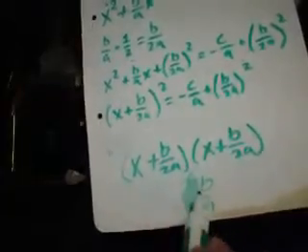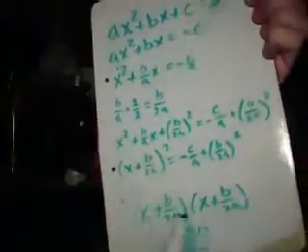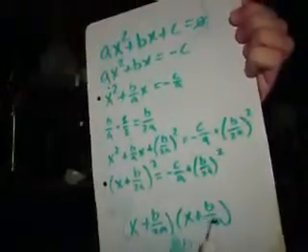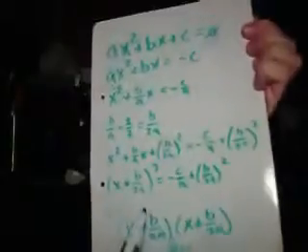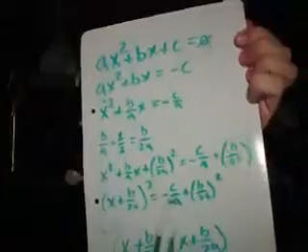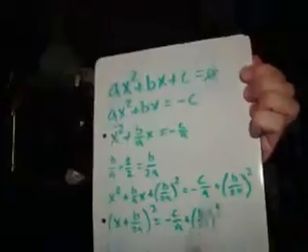See how that goes? Now we're going to cancel out the 2, and we get b over a. So that's how we got this second term, b over a x. And then, of course, if you multiply b over 2a times b over 2a, you're going to have b over 2a squared. All right. So, x plus b over 2a squared equals negative c over a plus b over 2a squared.